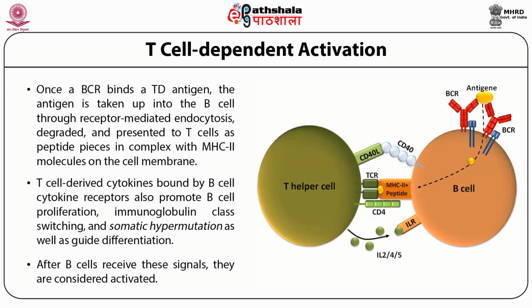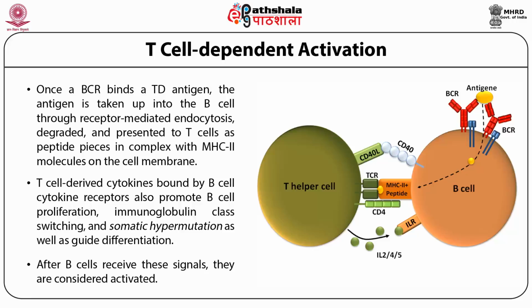For the B cell to undergo proliferation, the B cell has to contact the T cell through many surface co-stimulatory molecules that are present on the B cell as well as on the T cell. The B cell should contain a class 2 molecule. At the same time, the B cell should also contain various CD markers, and these CD markers have to be recognized by the counterpart ligands that are present on the T cell.